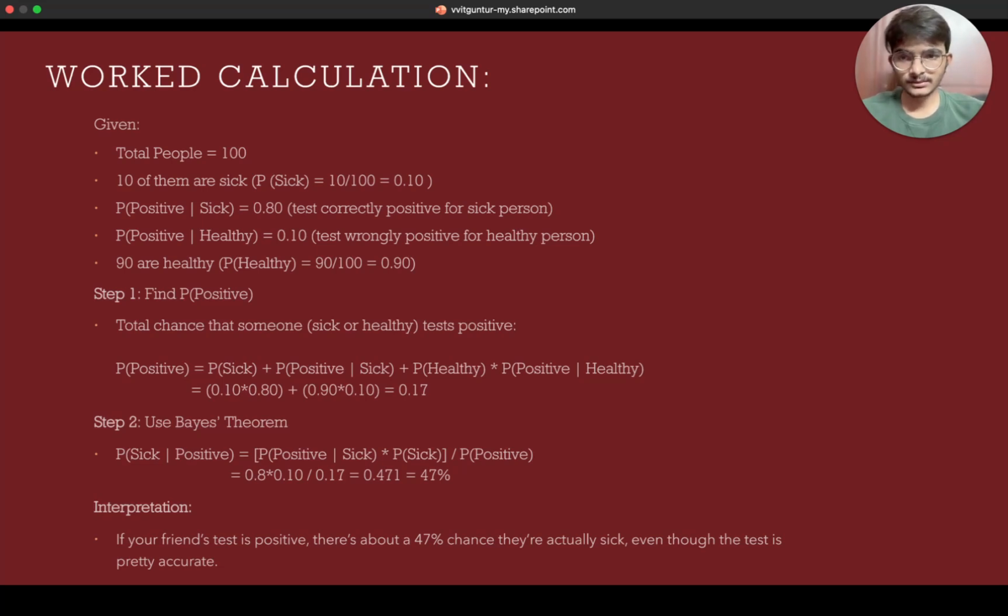Now let us calculate the probability of being positive given sick: 80 by 100, which is equal to 0.80. And now let us calculate for the people who are not sick but got a positive result. That probability is P(positive|healthy) = 0.10.